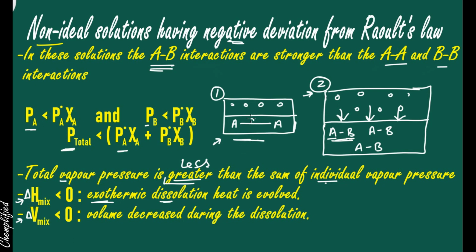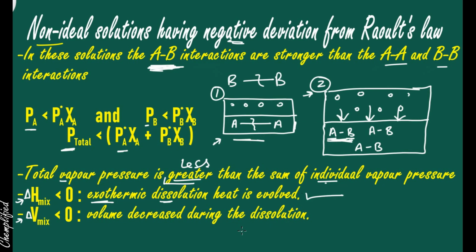So, the breaking of bonds between AA and BB is easy. And since the interaction between AB is stronger, the formation of bonds is also easy. And since the formation of new bonds is easy, some amount of heat is released, and the components get stabilized. That's why delta H is less than 0 and the process is exothermic in nature.